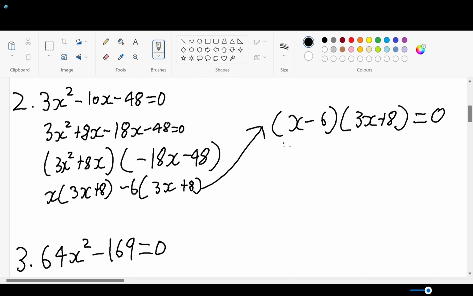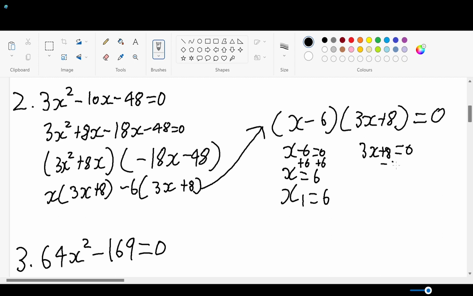x minus 6 equals 0, add 6 to both sides. Then x equals 6. x1 equals 6. Next one would be 3x plus 8 equals 0.